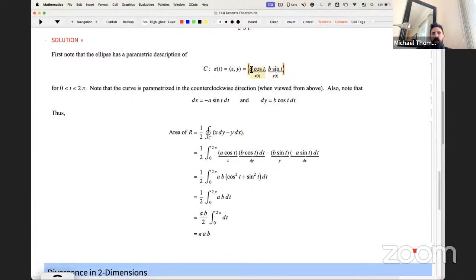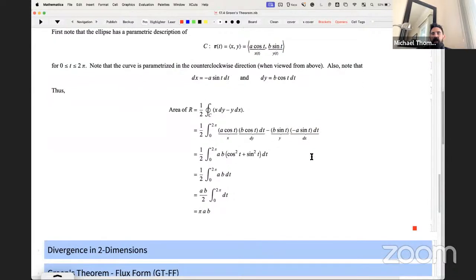So we just replace x with a cosine t. You need to express it on the curve. And the y becomes b sine t, and the dx becomes a cosine t dt.